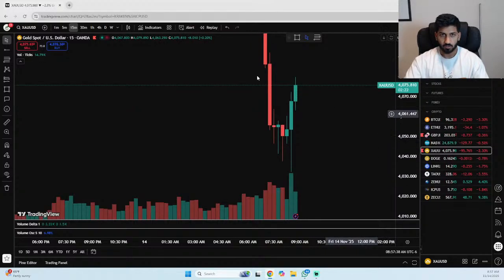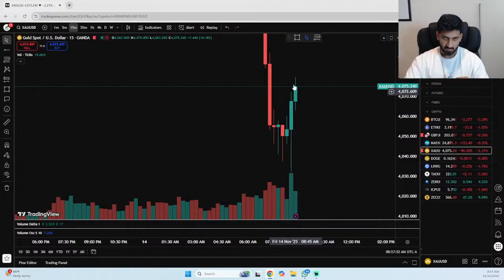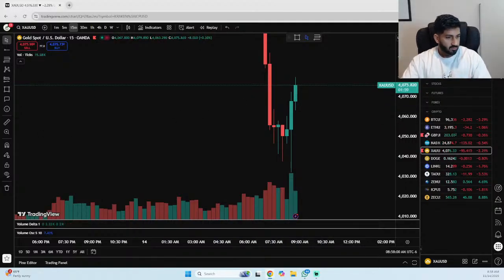So we can keep those criteria: once it breaks above the previous candle, you can execute a trade, have the stop loss below the previous candle, and then have a 1 to 1 or 1 to 2 ratio. Got it.